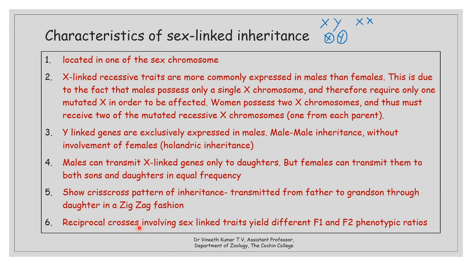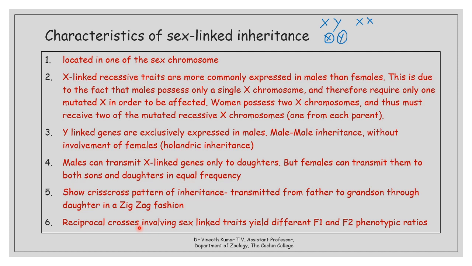When you consider a reciprocal cross, it means that in one generation, if you take a particular trait to be present in a male, you take the opposite in the next cross. That is, you take that particular trait to be present in a female. So you just interchange the sexes in a reciprocal cross. Then the F1 and F2 will be different, because in the first case the X chromosome will be in a male, and in the other case you will have that in two X chromosomes. So the pattern of the F1 and F2 progeny will be different in reciprocal crosses related to sex-linked genes.